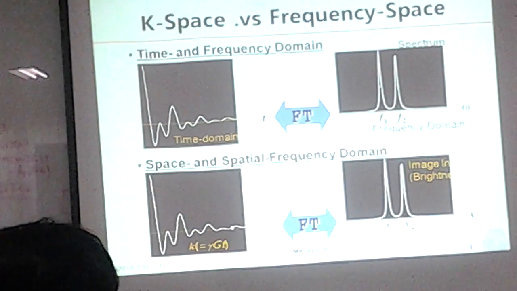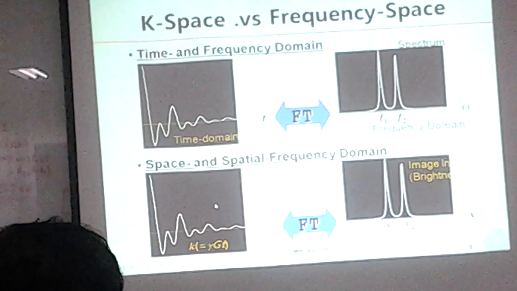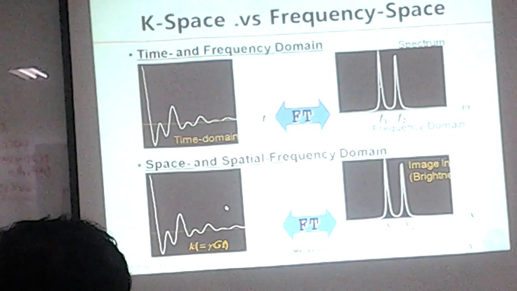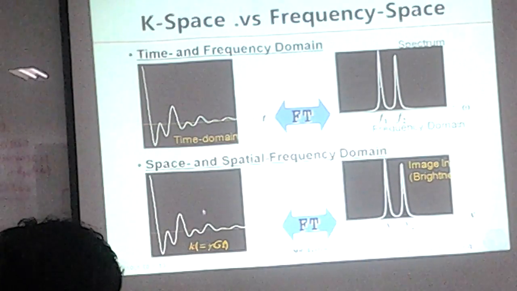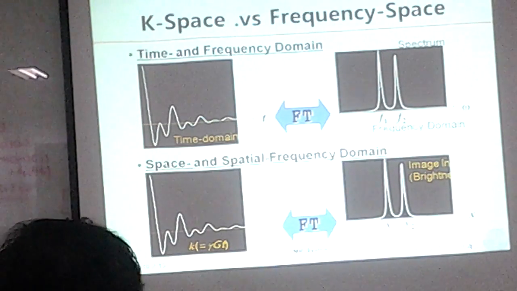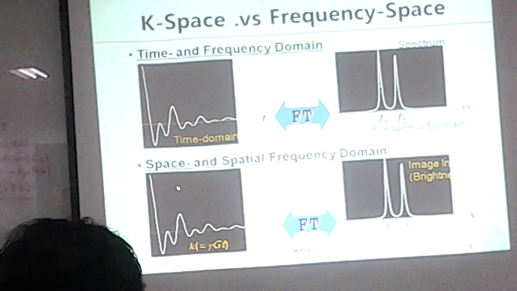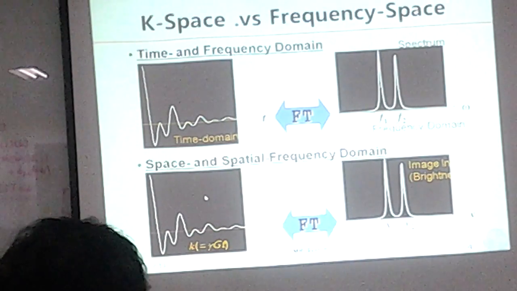Okay, so MRI calls this data domain K-space data. K-space data is equal to the spatial frequency domain data. So the concept is the same as time-varying signal and frequency domain data, but the terminology and the concept are a little bit different.